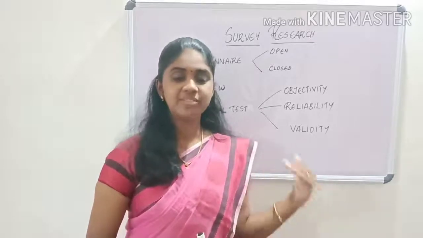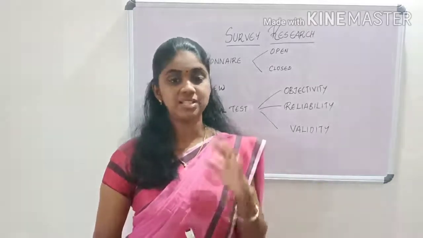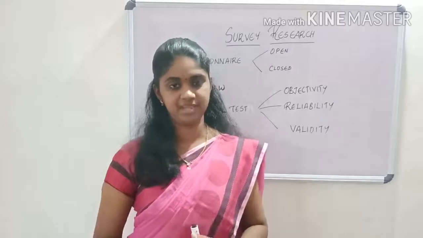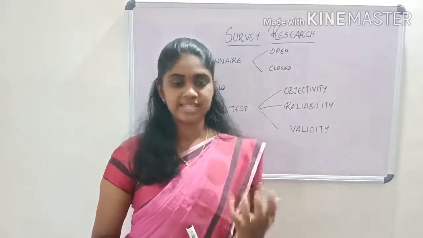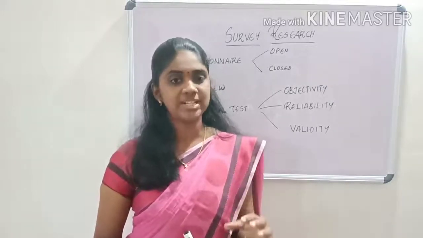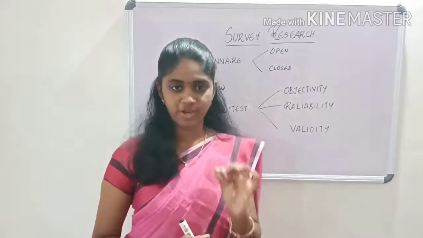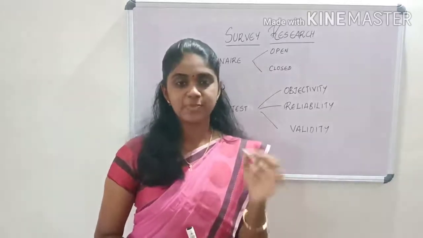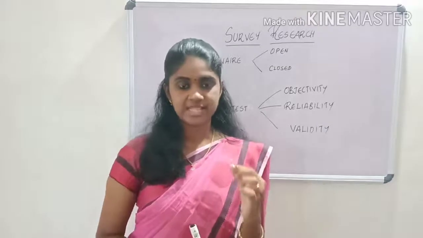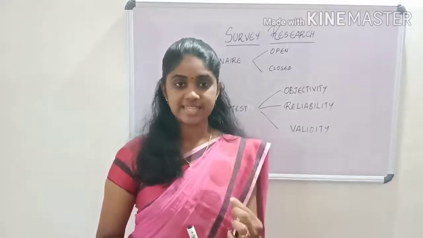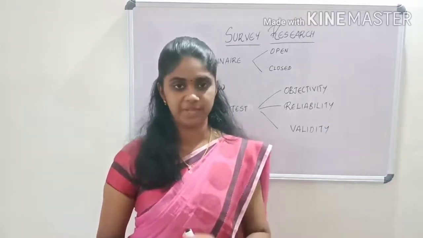And the third one is validity. Validity means the truthfulness of the test. The truthfulness of the test means the test should measure what it claims to measure. For example, Eysenck's personality questionnaire assesses the personality of an individual.